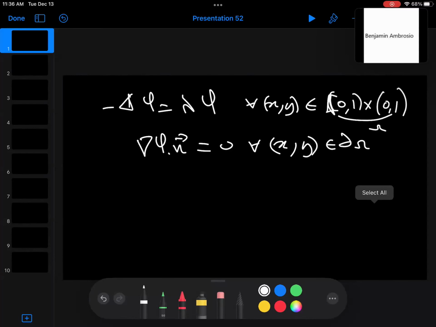So the problem is that we look for functions phi which verify minus Laplacian phi equals lambda phi on the square. So my domain here is the square. So as I said, we start with A equals 1.